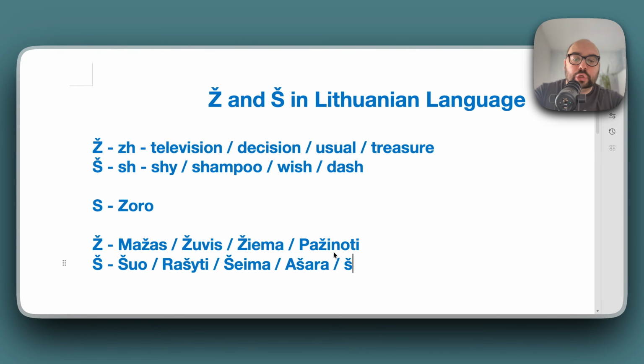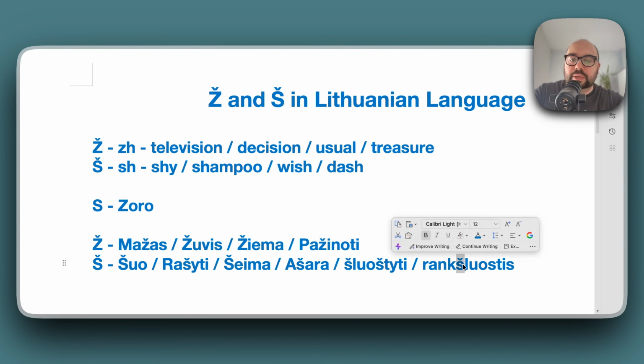Šluostyti would be basically to dry with a towel, for example. So rankšluostis is basically a towel for your hands, but you can use it for your feet too. That's why you have kojų rankšluostis, basically a hand towel for your feet. That's what we do in Lithuanian. Rankšluostis. You can have it in the middle, it can be in the beginning, it doesn't matter.